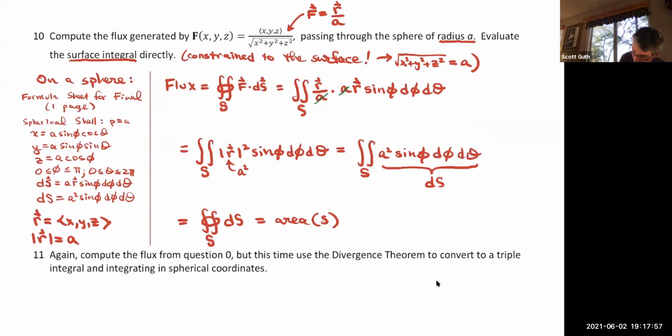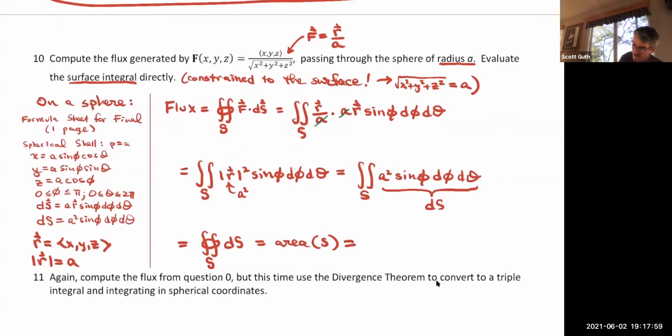So the area of our surface, again, this is a sphere of radius a. The surface area of a sphere is 4 pi a squared. So you don't actually have to evaluate that integral if you're really paying attention.